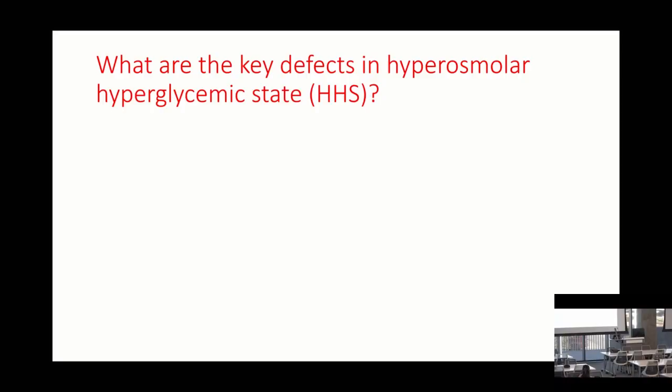Because there's some insulin in the background, you don't get ketoacidosis, because remember that insulin shuts down ketosis, the ketone body generation. So oftentimes you have minimal or no ketones in HHS. But there's severe dehydration, severe hyperglycemia, and it's more common in type 2 diabetes.